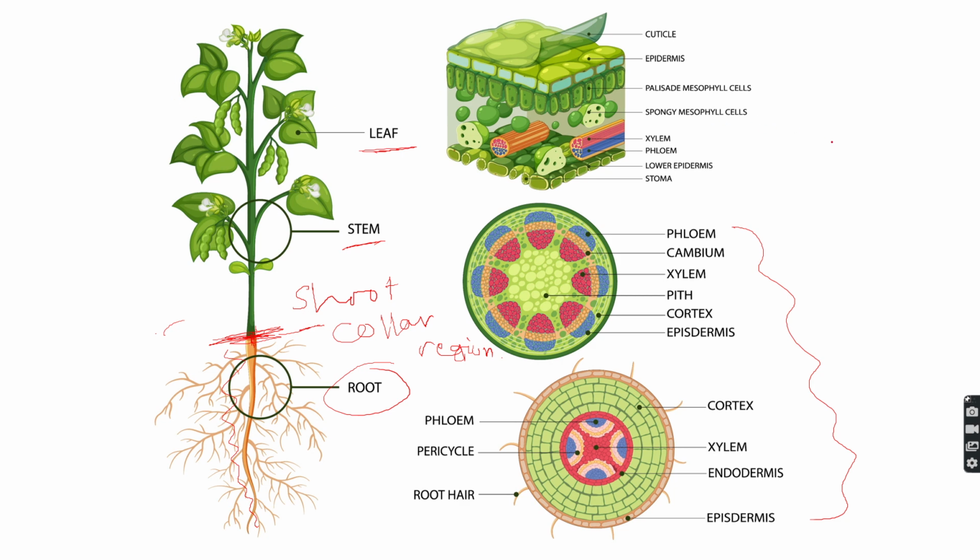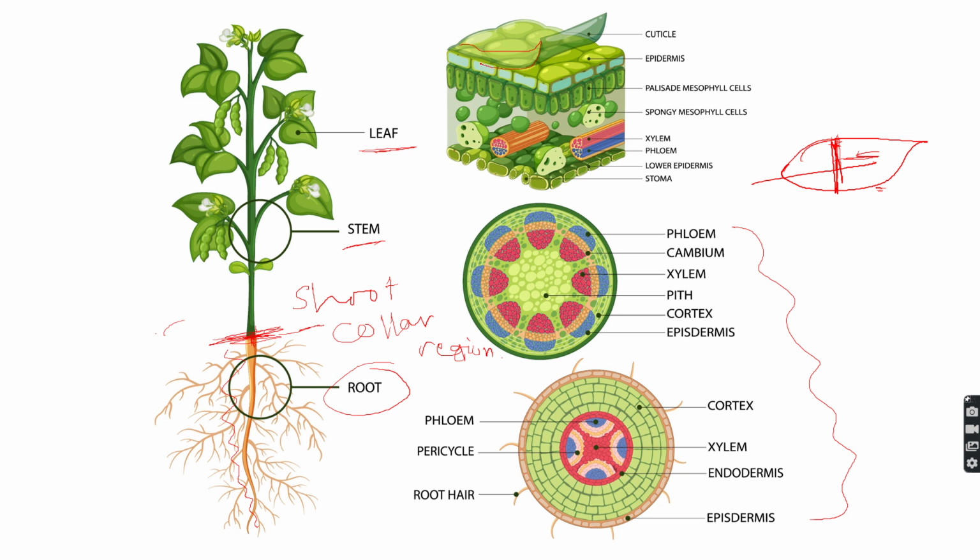So if you see a leaf, and if you cut it from here, what is the cell arrangement in this part that is given here? If you see, this is the upper part of the leaf, and beneath that is the lower part. Okay, so if you see a leaf, sometimes it is very glossy.